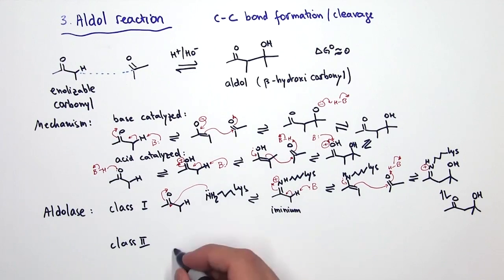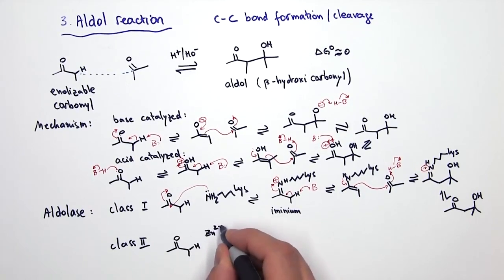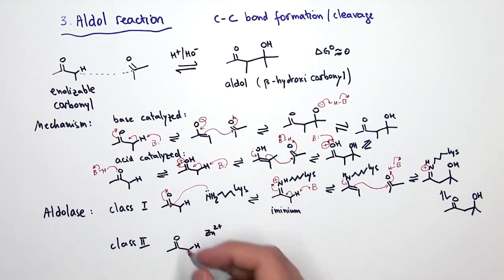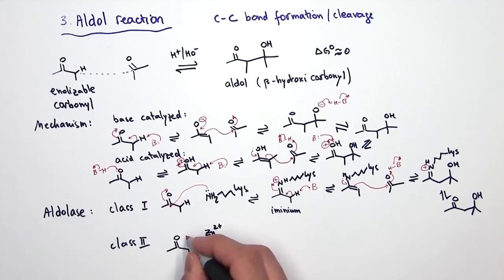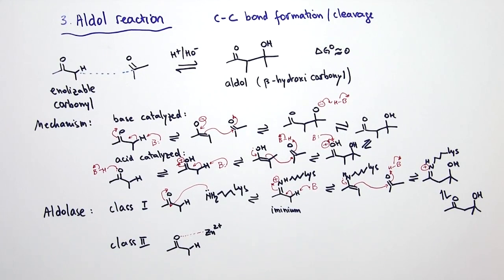Now, class 2 enzymes use a zinc ion. As the ion approaches the carbonyl, it's going to draw some of the electrons from the carbonyl and make the proton in the alpha position a lot more acidic.